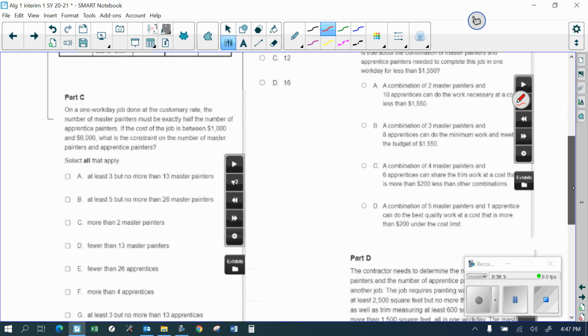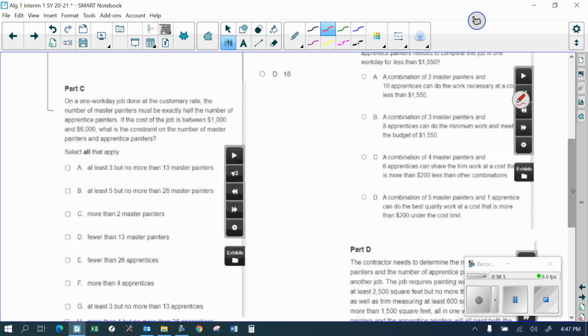Part C. On a one workday job done at the customary rate, the number of master painters must be exactly half the number of apprentice painters. So master, apprentice, 2x, x, half of it, 2 times it.